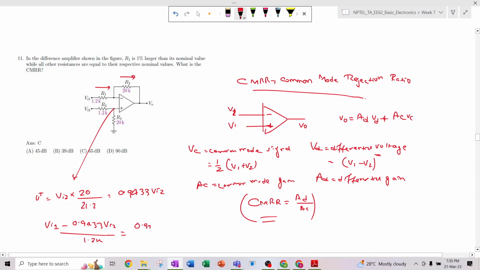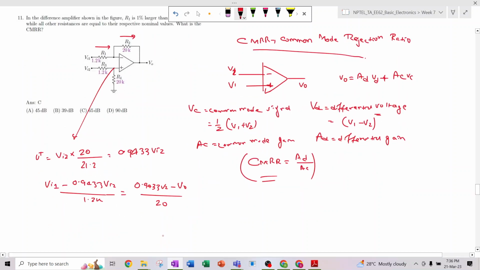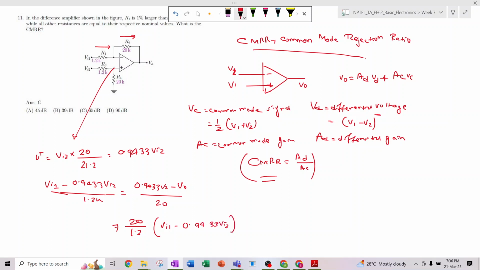So 0.9433 Vi2 minus V0, this is V naught, the output voltage, divided by 20k. So 20 divided by 1.2 times Vi1 minus 0.9433 Vi2 is equal to 0.9433 Vi2 minus V0.